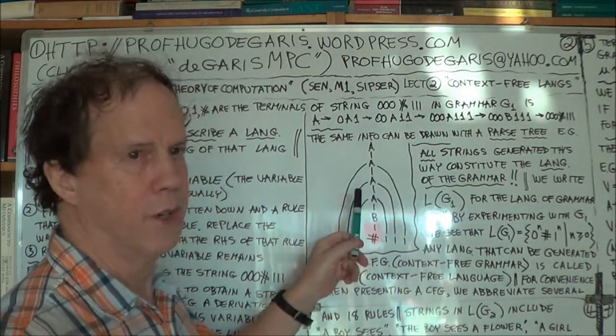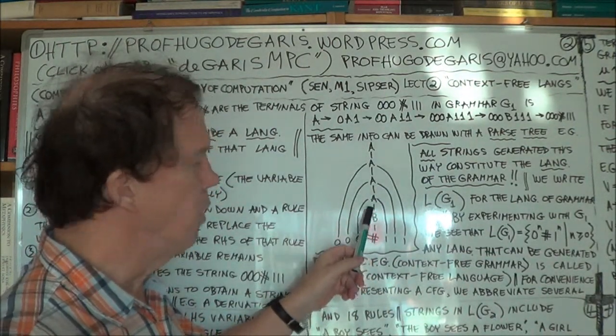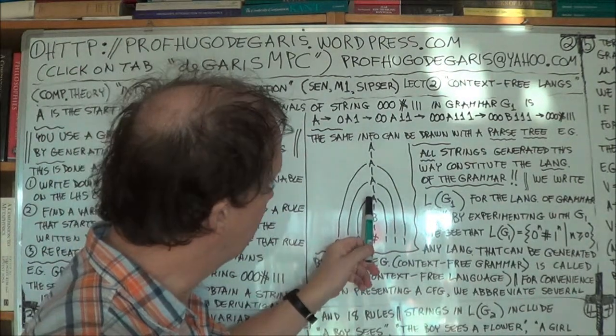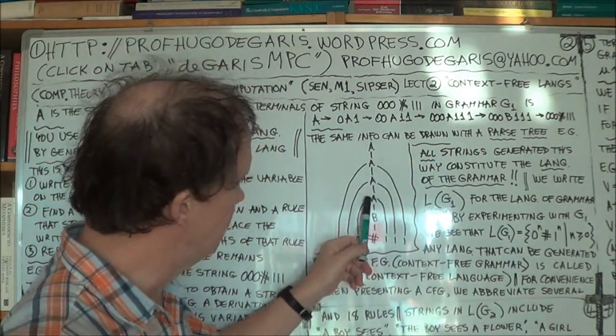And that's typical of context-free grammars, because we haven't bothered looking at what's on the left-hand side or the right-hand side of this variable.